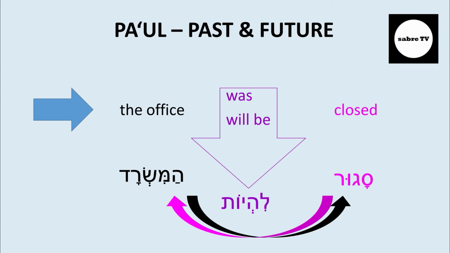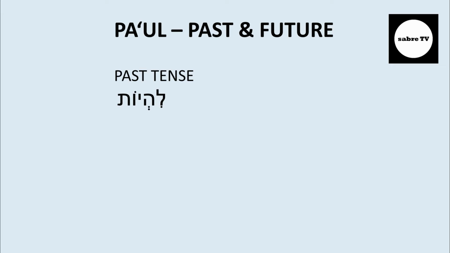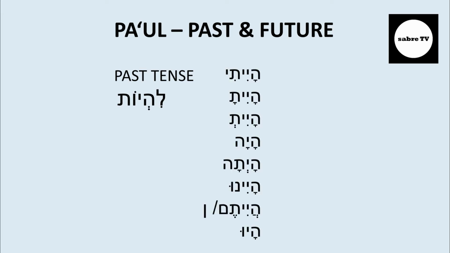Okay? Now we look at להיות. This is the one that you really need to complete the sentence and nothing else. All the rest you already know. So, past tense of להיות. Here it is. And now we read it together. הייתי, היית, היית, היה, הייתה, היינו, הייתם, הייתן, היו.